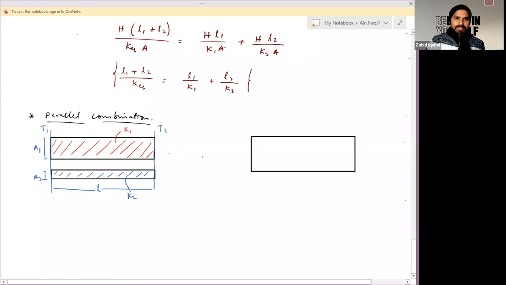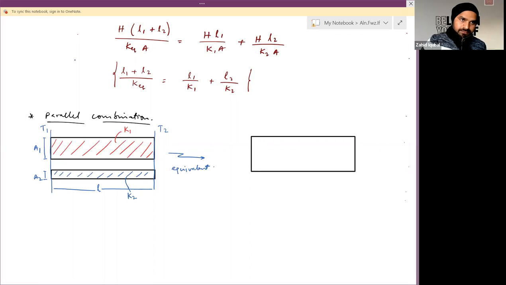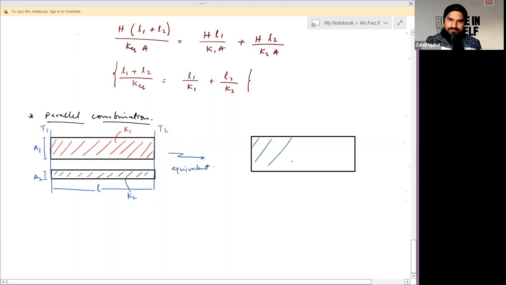So on combining these two rods, the equivalent of this will become this. K equivalent, length L. Area of cross section from this end to this end becomes A1 plus A2.